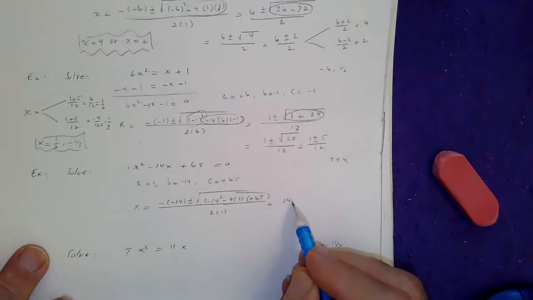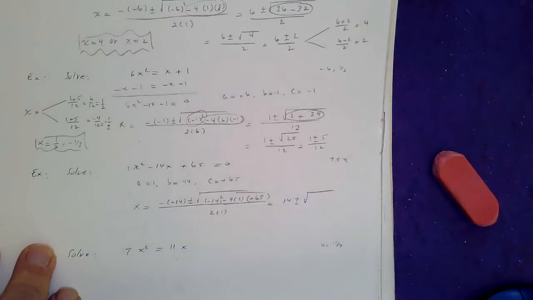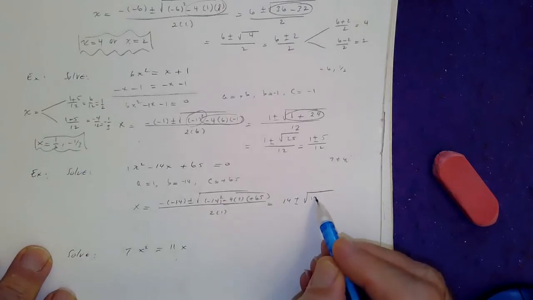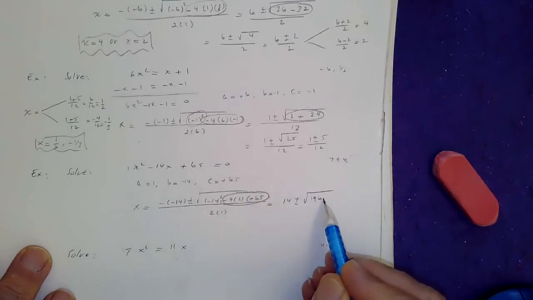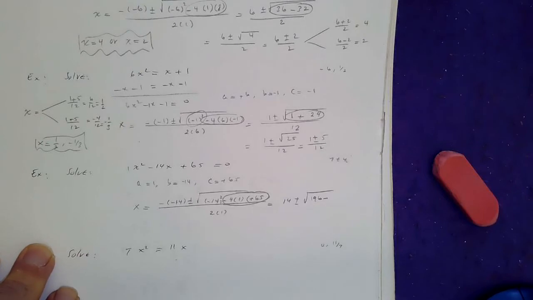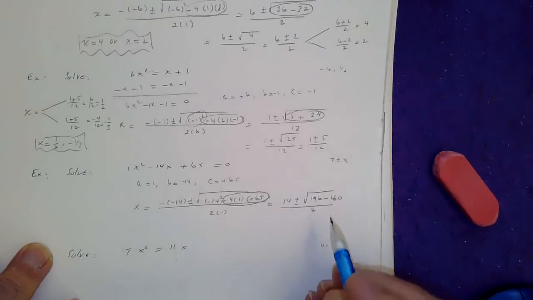So that would be 14 plus or minus, 14 squared, that's 196. Then you multiply these three numbers, including the sign, and that would give you 4 times 65, which is 260, and this is all over 2.